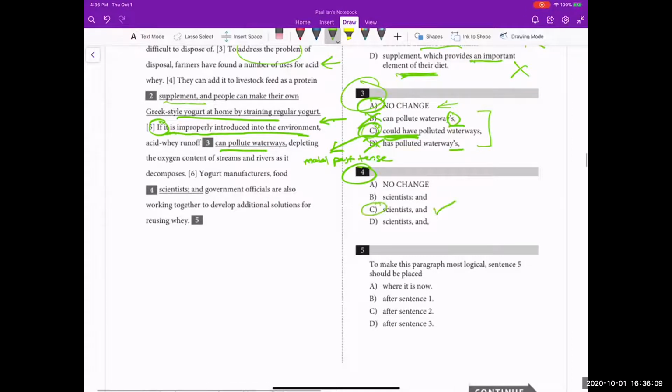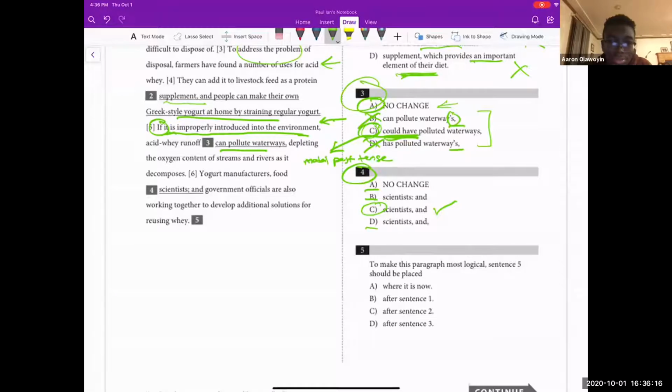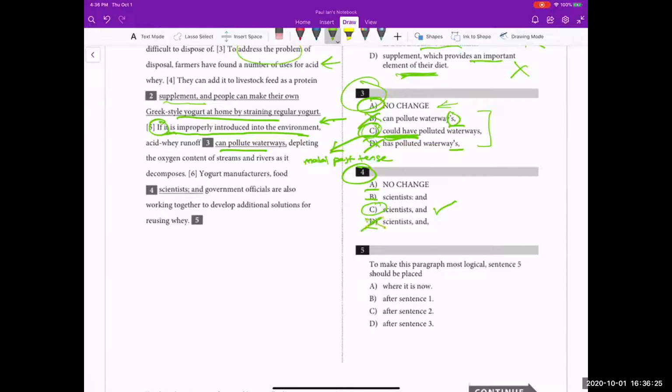This one's C. Why not A, B, or D? It's obviously not D, right? These are the ones where you'd never do that. And then how come you can't do A and then B? Semicolon and a colon, yeah. Why can't you do those?